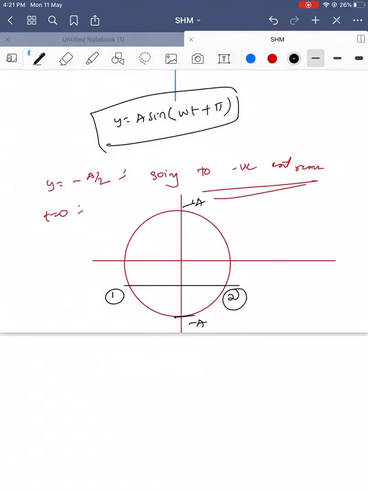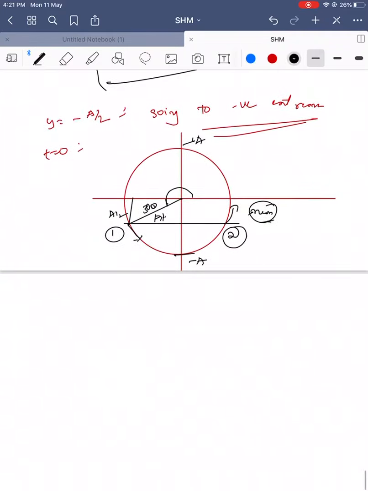From 2 it is going anti-clockwise and should reach the mean position, but it is not said like that, it should reach the negative extreme. So it is going from 1. Draw a straight line to 1. From here to here how much is the angle? In this direction a by 2. So the angle will be 180 plus 30. So y is equal to a sin omega t plus 210.